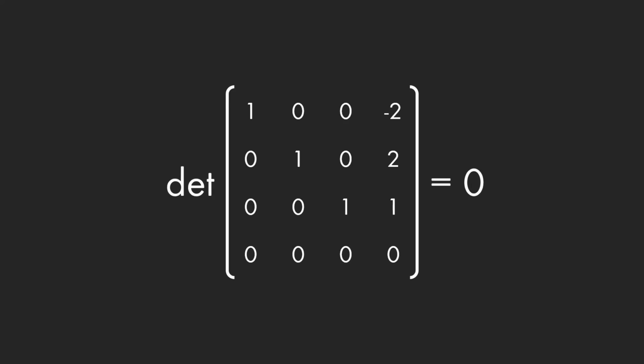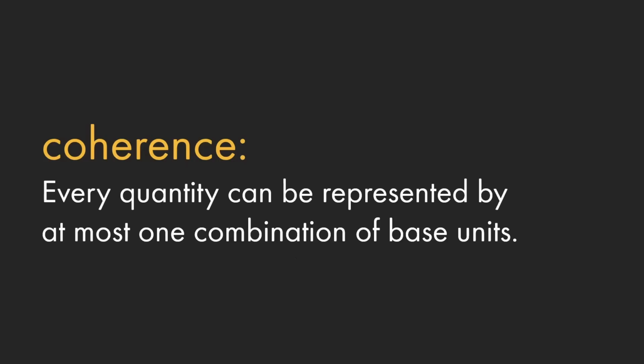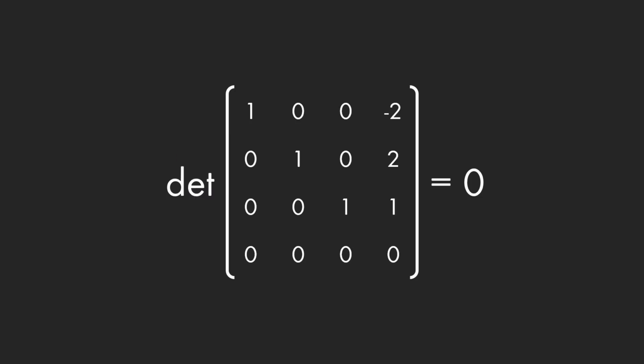This means that you can't take an inverse, so there is no matrix to convert from SI into the time, length, mass, energy system. In other words, we can define a coherent system as one where every possible quantity either can't be expressed, or can be expressed in exactly one way by multiplying base units together. And a way to test whether a system is coherent is to take the determinant of the matrix that converts from it into SI and check whether it's equal to 0.